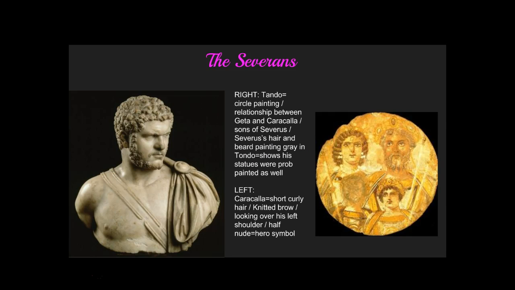The Severans. So the Severan dynasty ended with Severus Alexander, which put Rome in a civil war for the next half century. Stinking Severans. The Severans were African born, but this gentleman said he was the son of Marcus Aurelius.